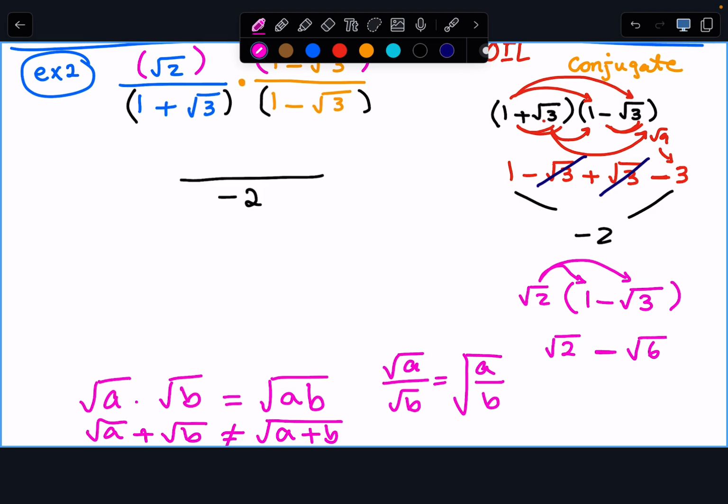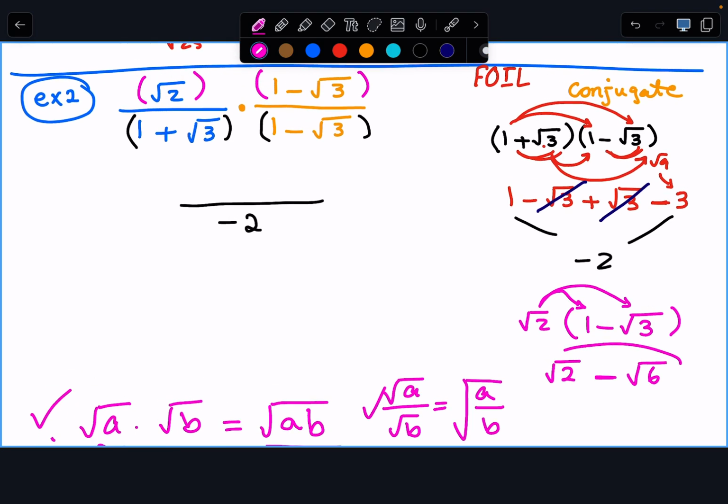That's not true for adding or subtracting, but it's true for multiplying and dividing. Radical 2 times radical 3 is radical 6. So then on top, I have radical 2 minus radical 6. That's the answer.